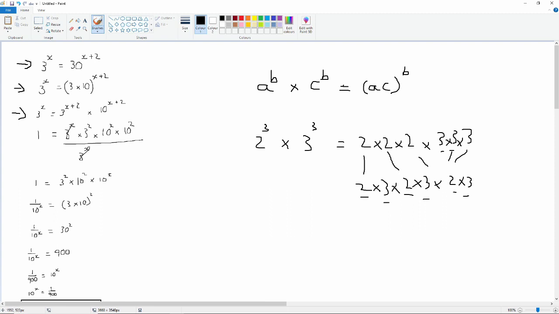We've just rearranged them using the commutative property of multiplication, and the commutative property of multiplication is just a times b is equal to b times a. So all we've done is slightly rearranged this 3 times 10 to the power x plus 2 to be 3 to the power x plus 2 times 10 to the power x plus 2.